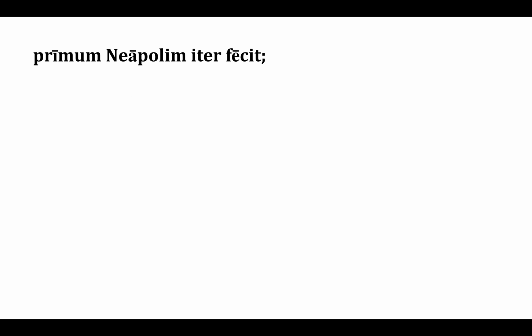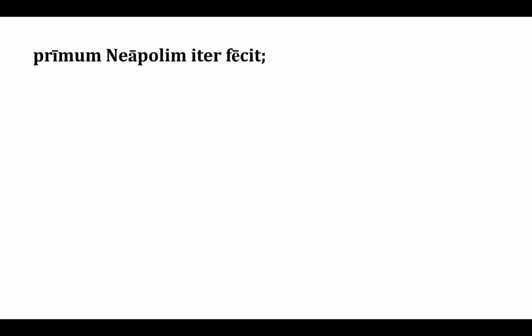Then next phrase, primum. Primum could be an adjective, agreeing with a noun, but very often it just means at first. And here it wouldn't really make sense as an adjective because primum Neapolim would mean the first Naples, and that isn't really going to make sense in this context. So primum, at first.